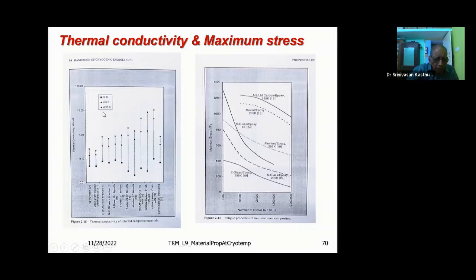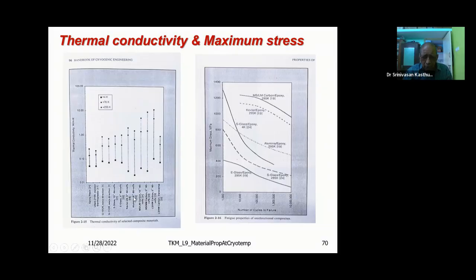So the 4 Kelvin part is actually at the bottom, 76 Kelvin is in the middle, and the room temperature is on the top. So as one can see here for different materials, the 4K value is always low. That means the thermal conductivity of the composite is lowest at 4 Kelvin. It is somewhat higher at 77K. The highest value is at room temperature.